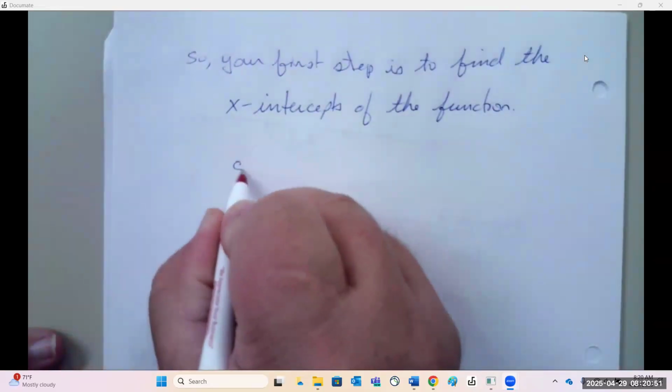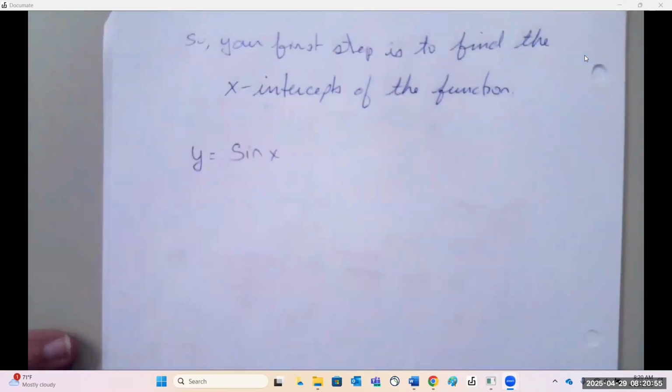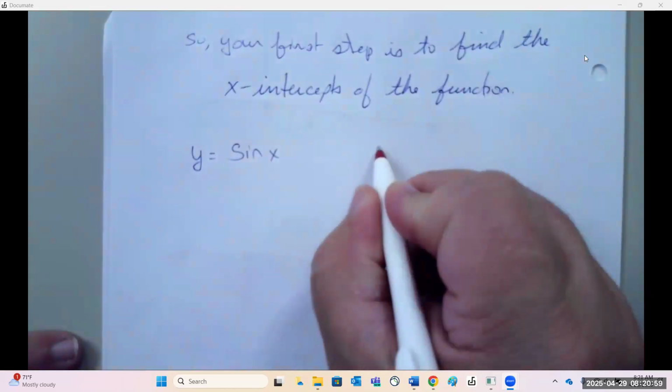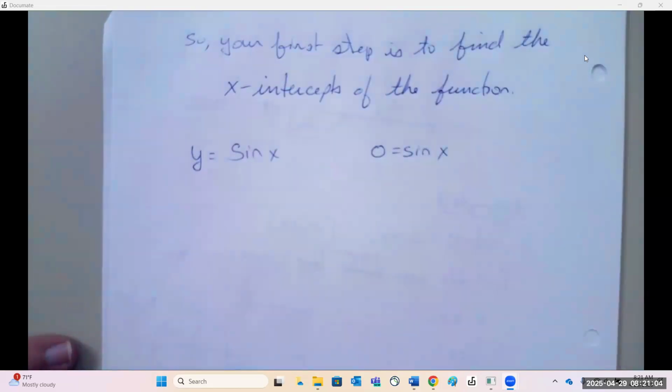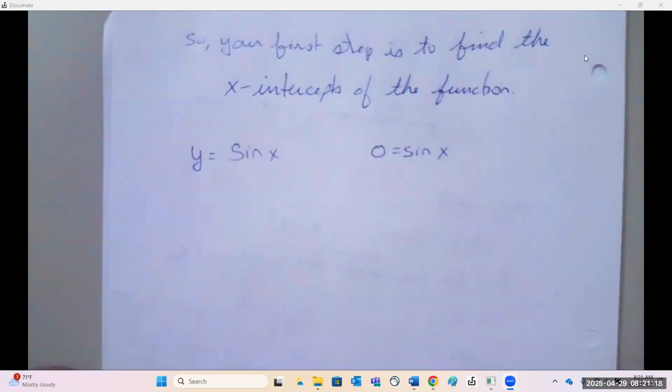So in our function, what are my x-intercepts? So where does sine equal 0? Where does the sine value equal 0?